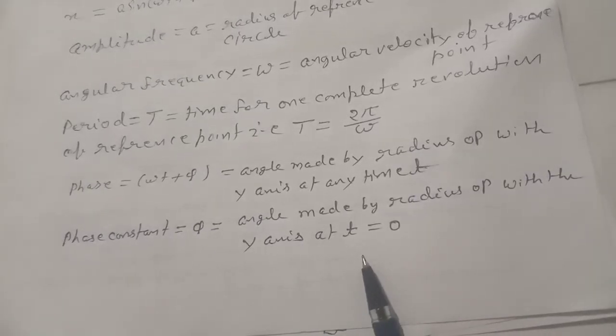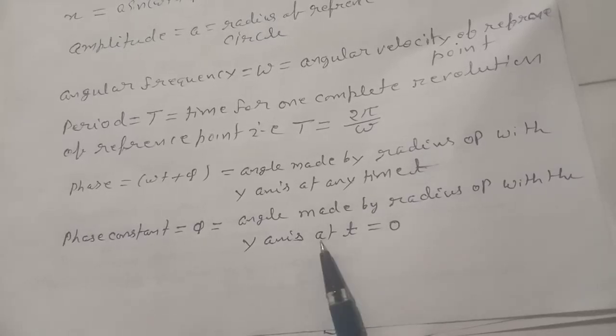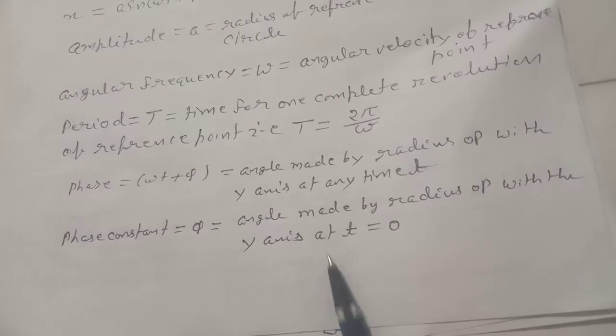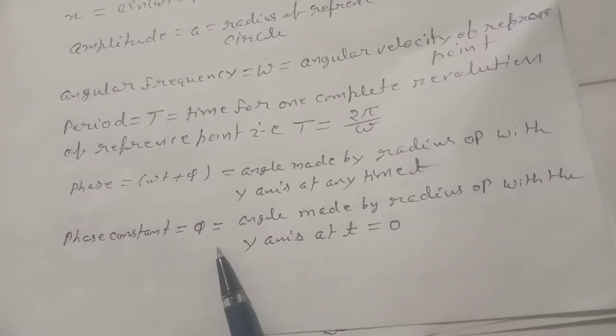That is the initial angle made when we start to see the motion. At that time, the angle made by point P is called the phase constant phi.